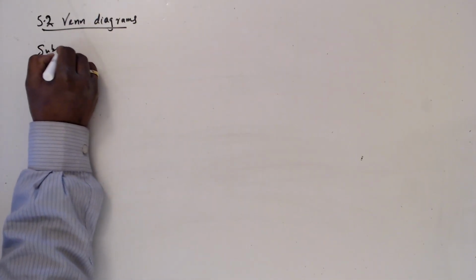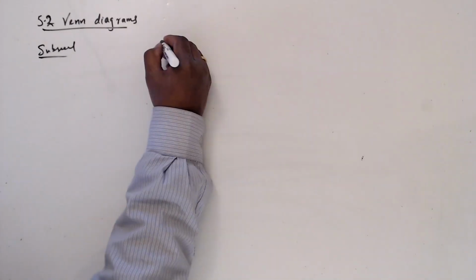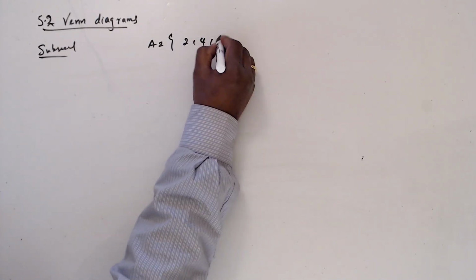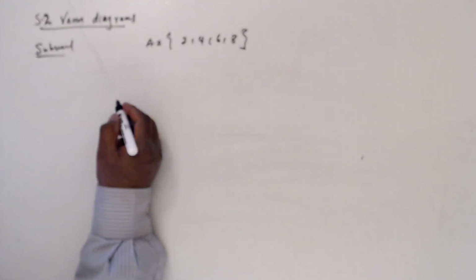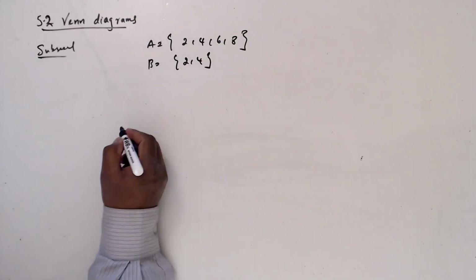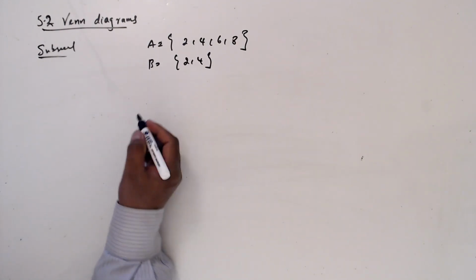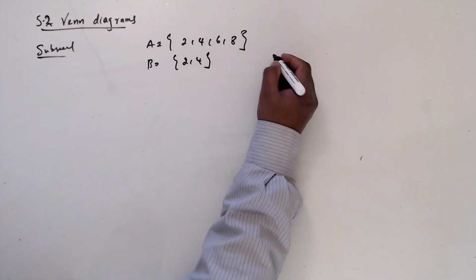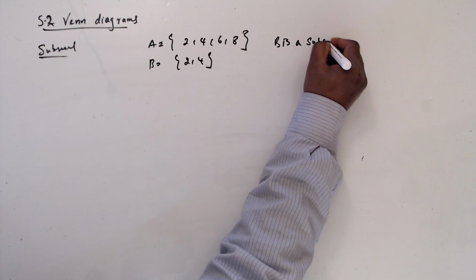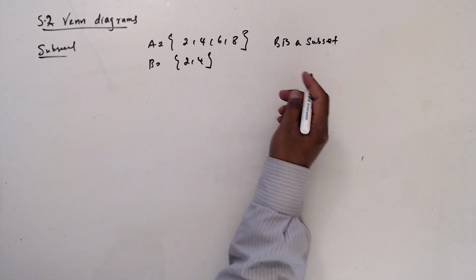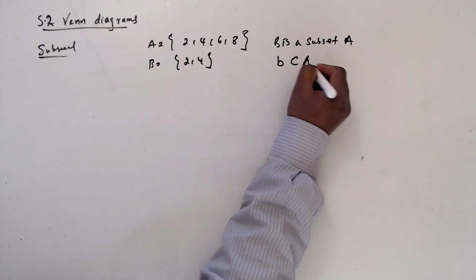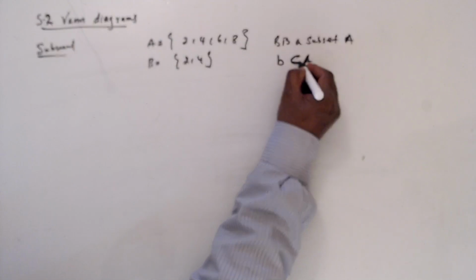Then subset. I define a set A: 2, 4, 6, 8. I define another set B: 2 and 4. Now we can tell that B is a subset of A. We write B is a subset of A, and this is the symbol we use.